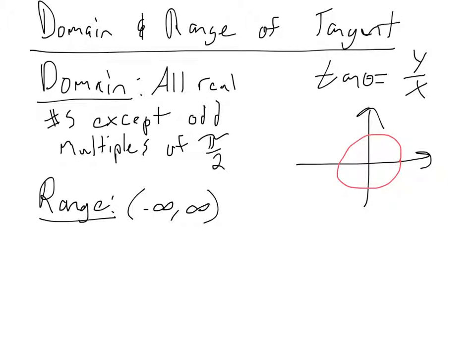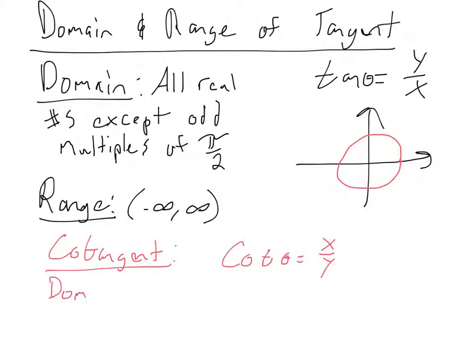And then cotangent is going to be the same general idea, right? Except cotangent theta is going to be equal to x over y, so what's its domain going to be? Cotangent is going to be undefined when y is equal to 0, which is going to occur at 0, and then at pi, and then at 2 pi, and at 3 pi, 4 pi.